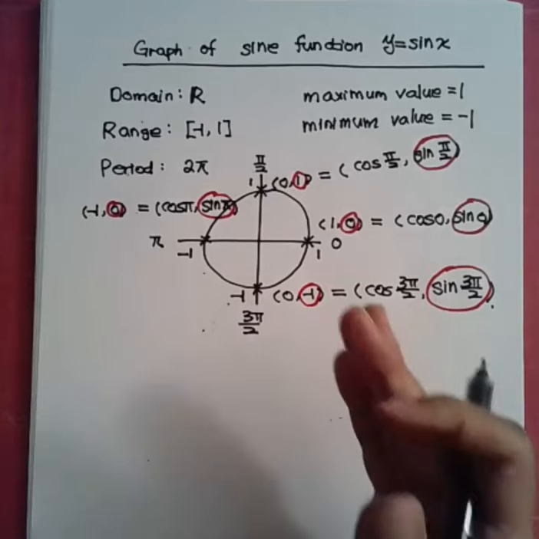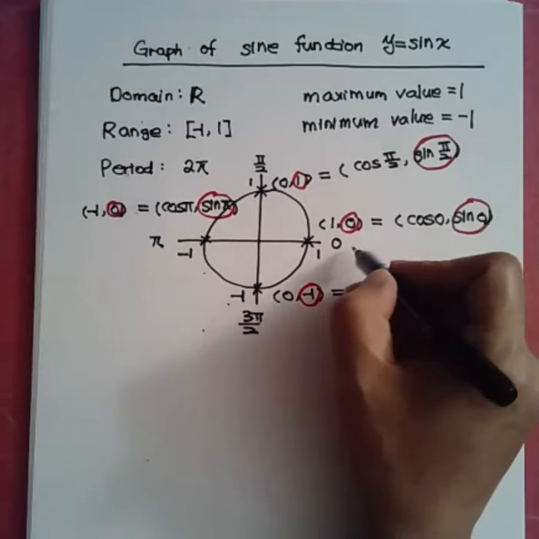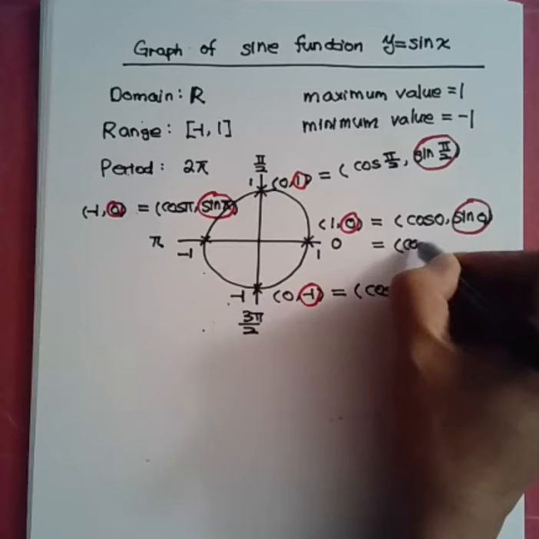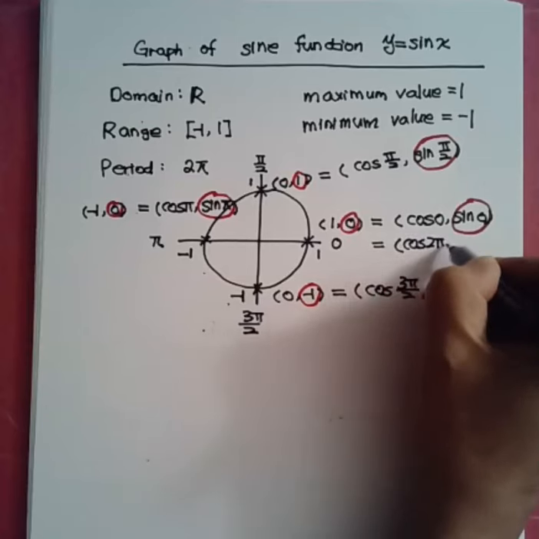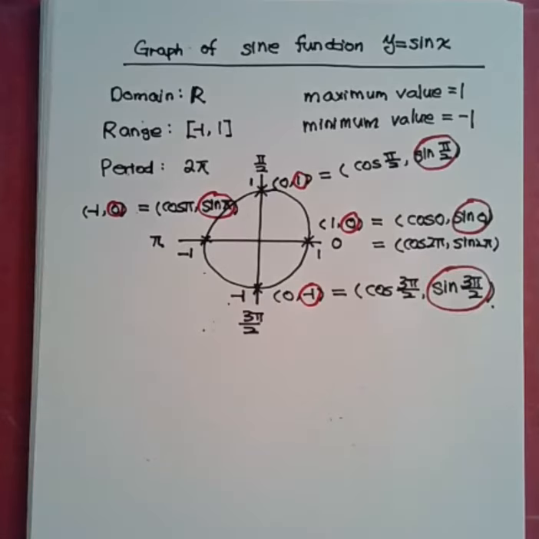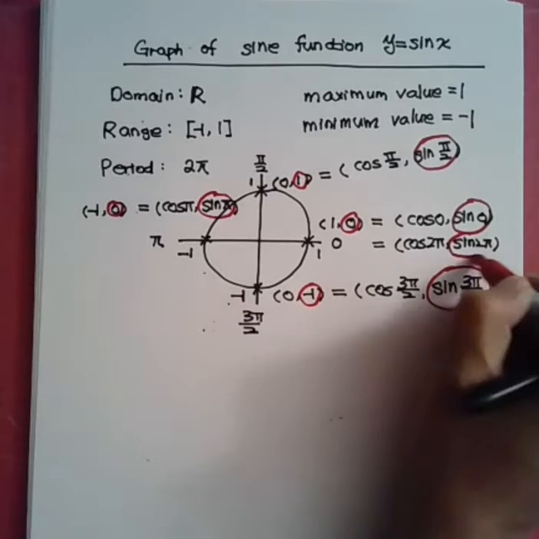Then we go back here. So it can be rewritten as cosine of 2 pi and sine of 2 pi, and we can say that sine of 2 pi is 0.